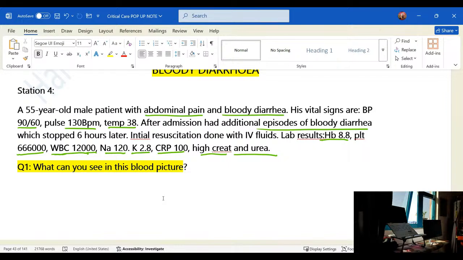After admission he had an additional episode of bloody diarrhea, which stopped 6 hours later. Initial resuscitation was done with IV fluid. Lab results: hemoglobin 8.8, platelets 666,000, WBC 12,000, sodium low, potassium low, CRP high, creatinine and urea high.